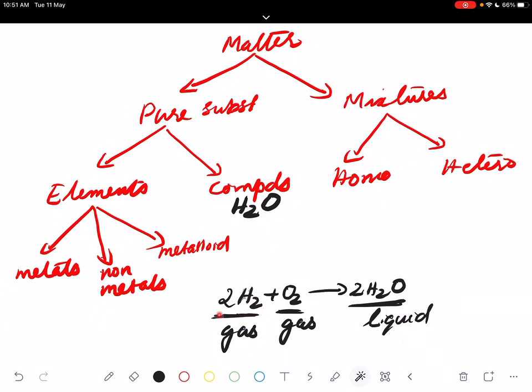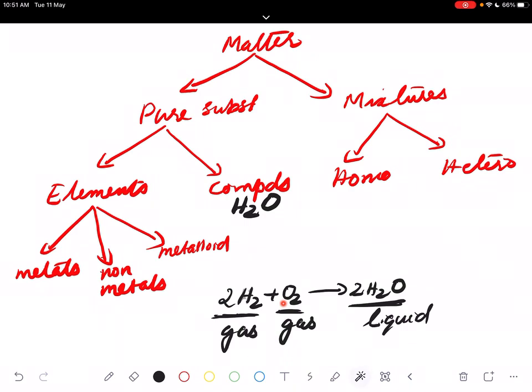Hydrogen is combustible, means it burns. It burns with a pop sound, we know. Oxygen is a supporter of combustion. But what about water? Will it catch fire? No. Will it support combustion? No. Instead, water stops combustion and is used as a fire extinguisher.